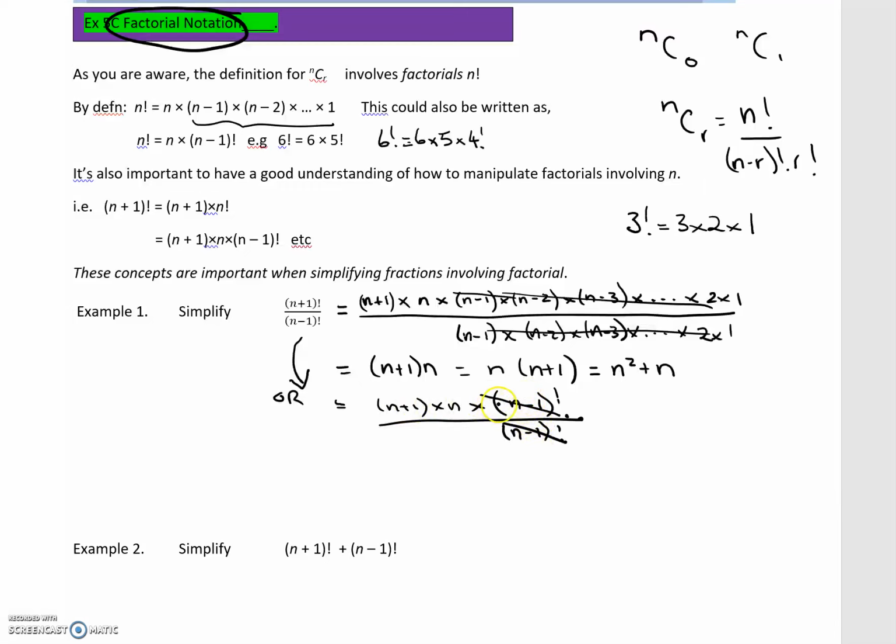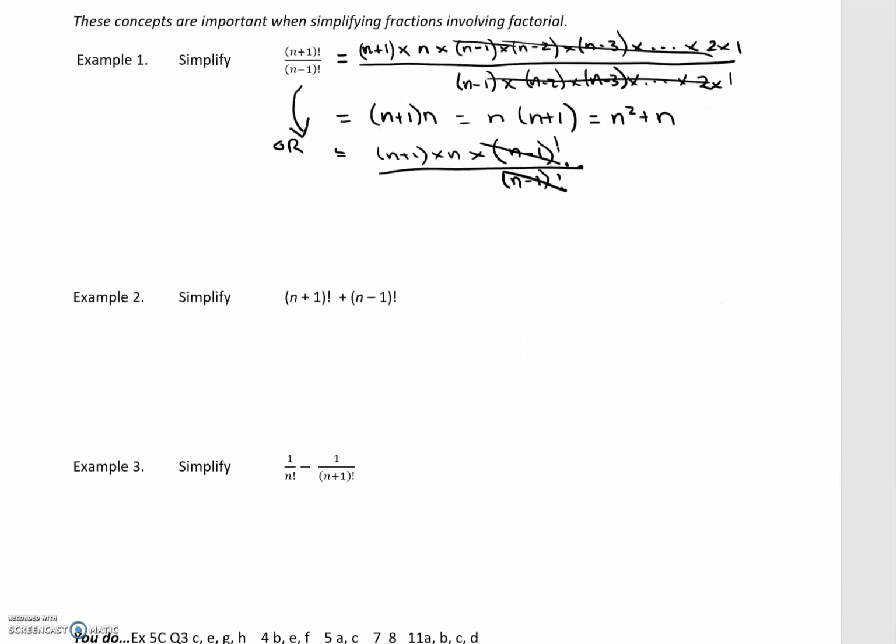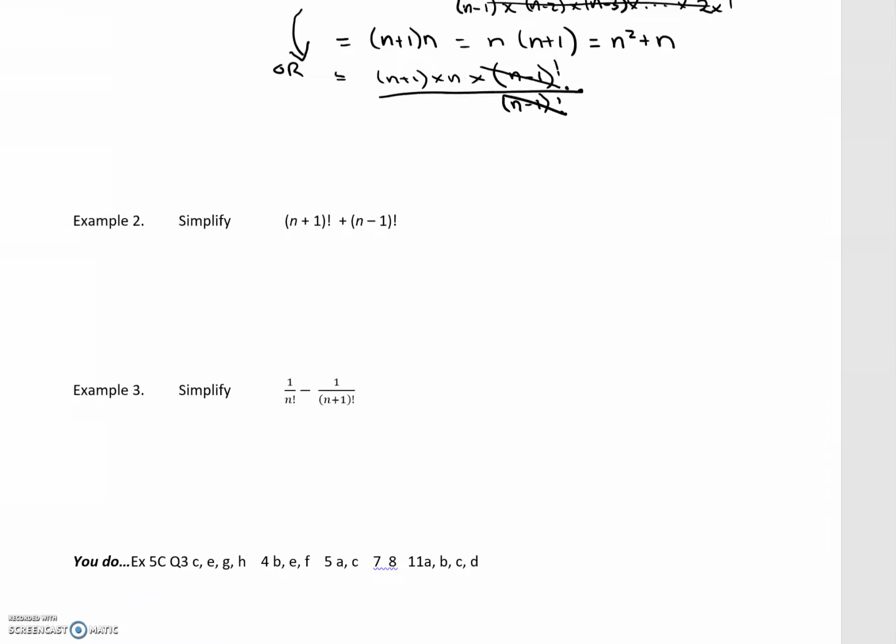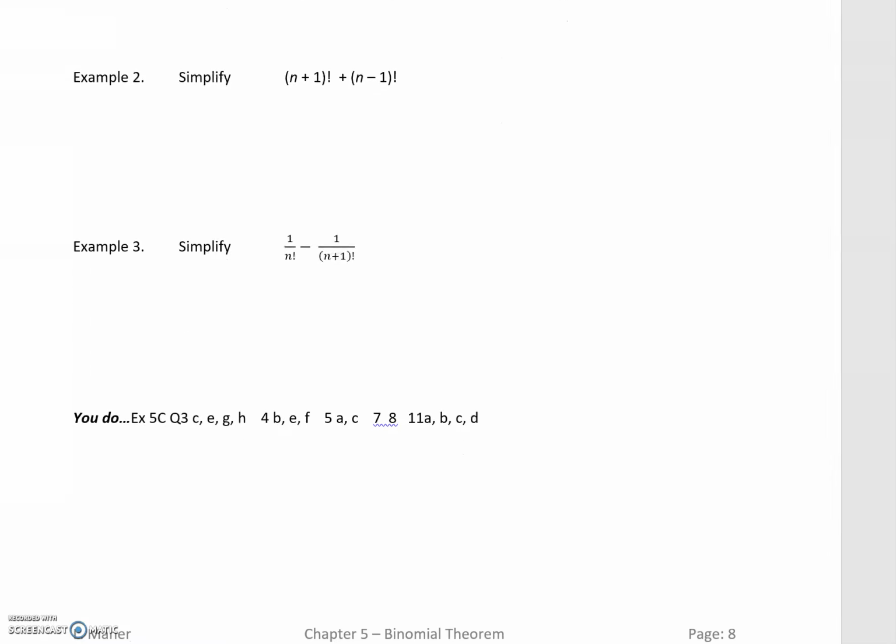We've introduced the terms being multiplied into the numerator, we've got a single term in the denominator, and you'll get the same answer. So we're really just becoming familiar with writing out expansions for factorials.